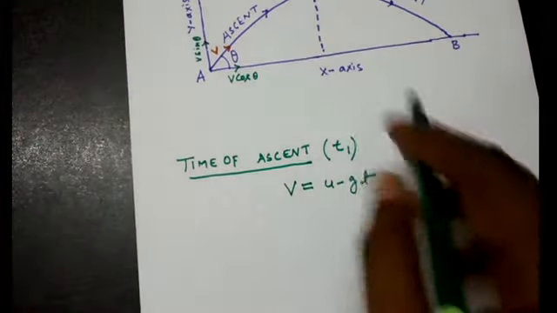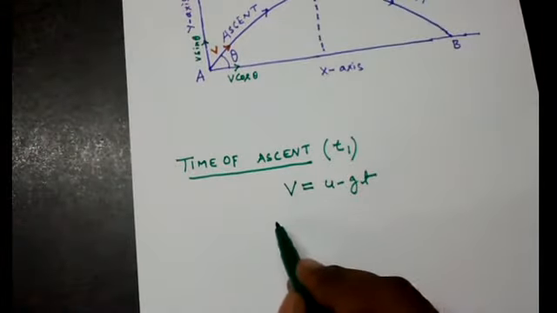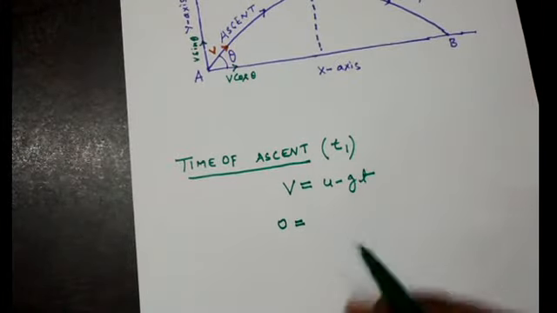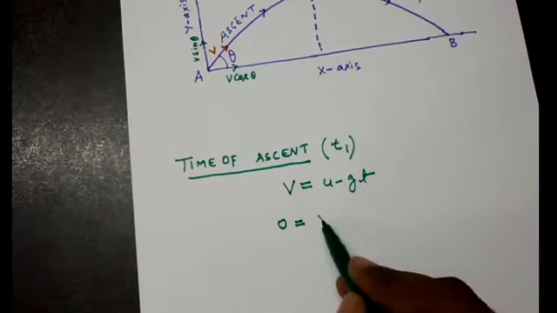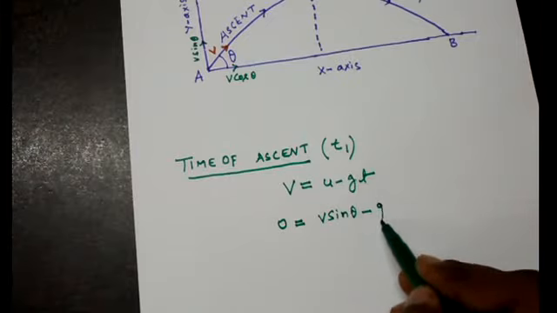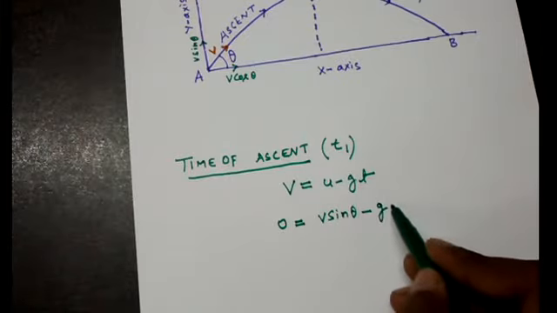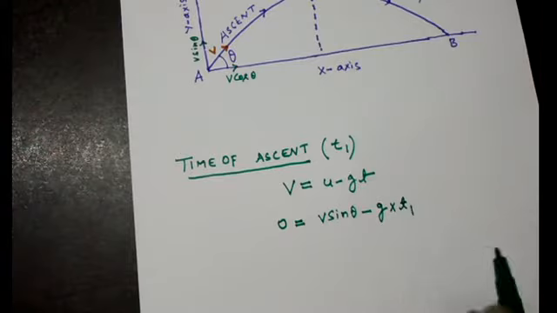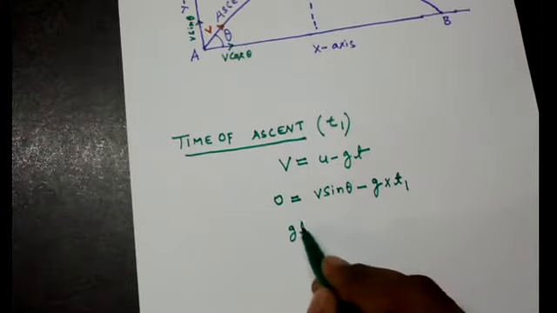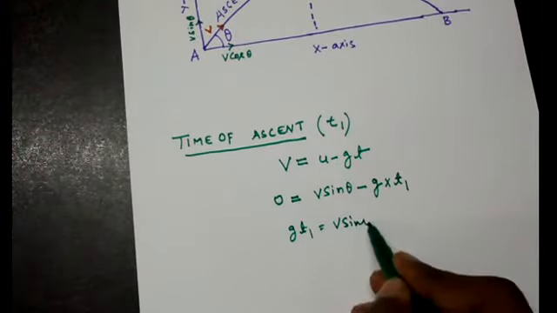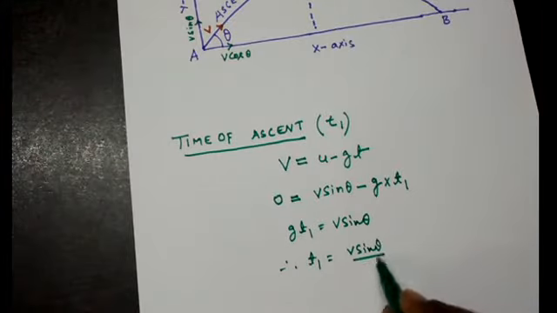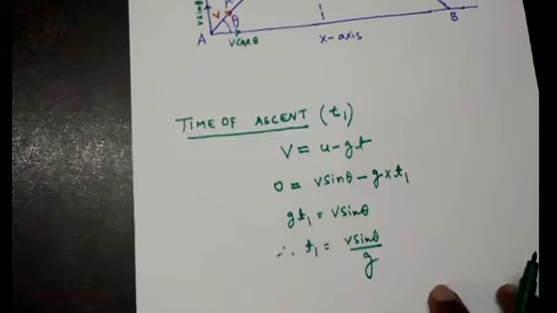Now in our example the final velocity is 0, and the initial velocity in the upward direction is v sin theta, minus g is the acceleration due to gravity, and t is the time taken, that is t1. So on rearranging we find that g t1 is equal to v sin theta, that is t1 is equal to v sin theta divided by g.